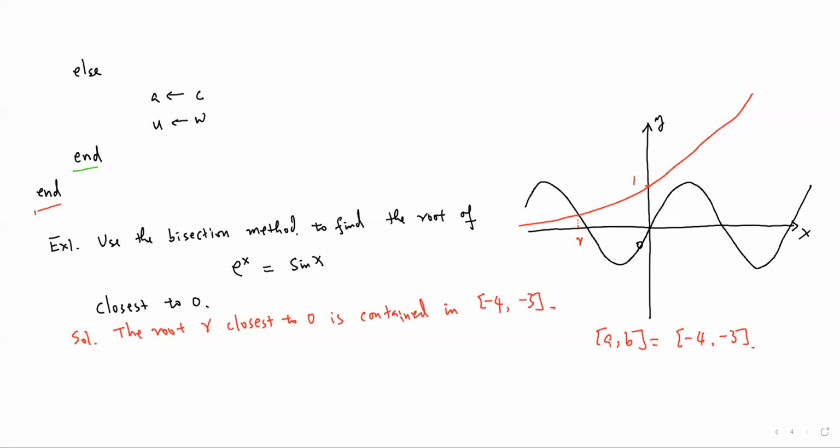Now write an algorithm, say in MATLAB; we can make the following table. K is the step number. The initial interval is -4, -3.